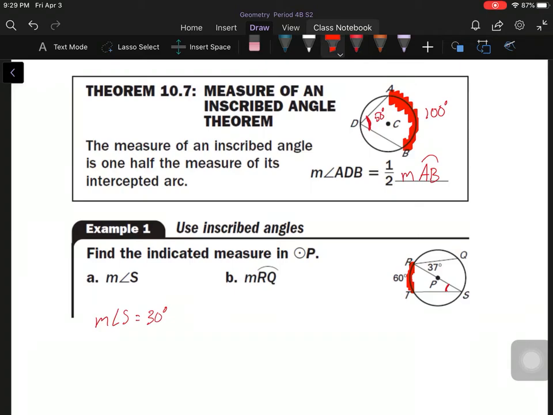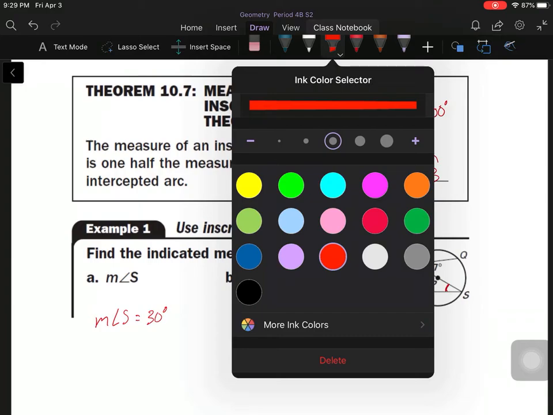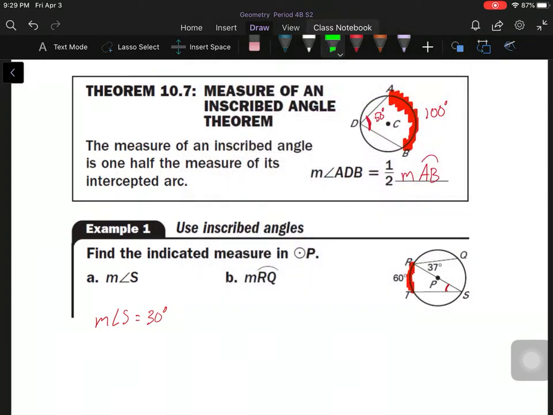Part B says find the measure of arc RQ. So if I switch colors here, arc RQ is going to be this arc here. So if I look at QS, 37 times 2 is 74.